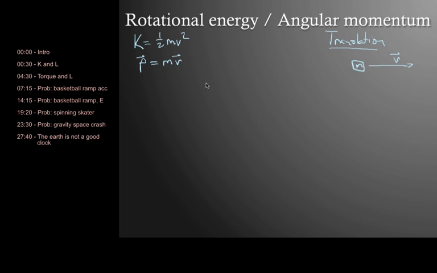But now we could talk about more complex motion where rotation is involved. And so we need to talk about what it's rotating around. So here's going to be our pivot or our axis, and then this is going to be how we measure r. Let's just talk about some point mass m.